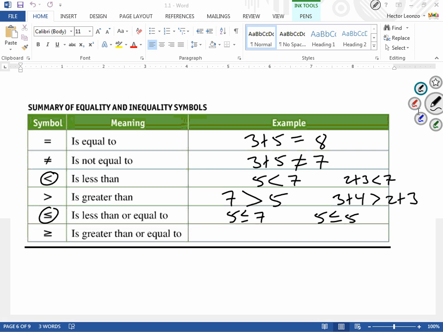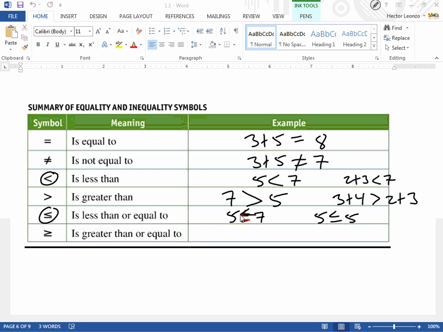Now, let me explain why we do this. When we have less than or equal to, technically we have a less than sign and we also have an equal sign. What that means is one of the two is correct. Not both, but one of them has to be correct. In this case, 5 is less than or equal to 7.